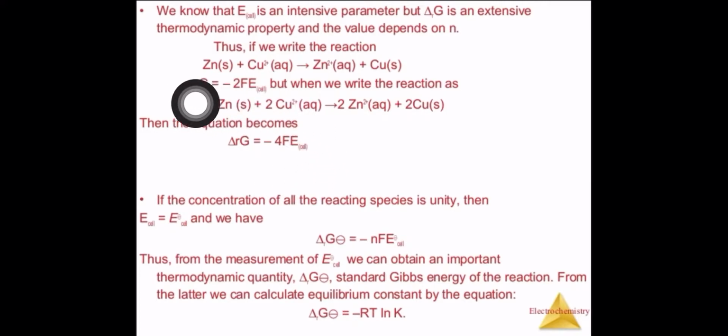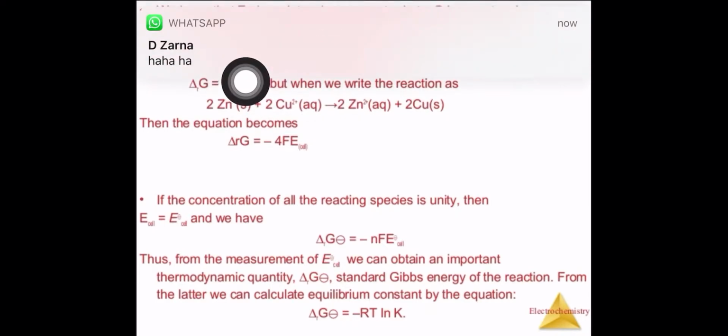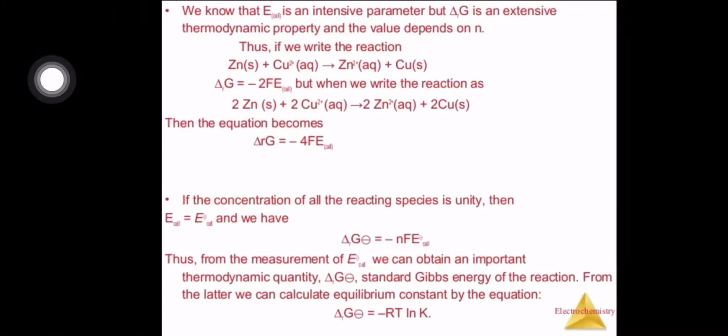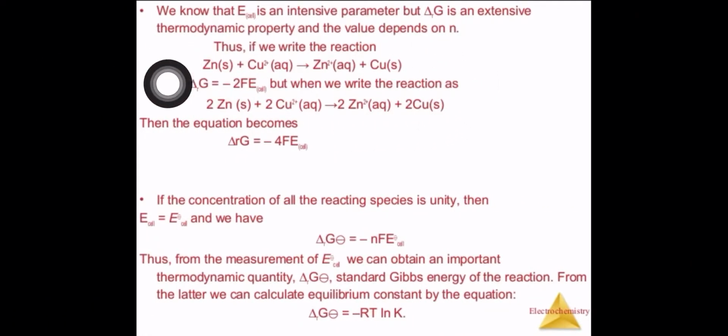If this is the equation, we write minus only 2, because there is a transfer of 2 electrons. But over here, as the number of moles has increased, we have to multiply with our n. So we are supposed to calculate the value depending on n.